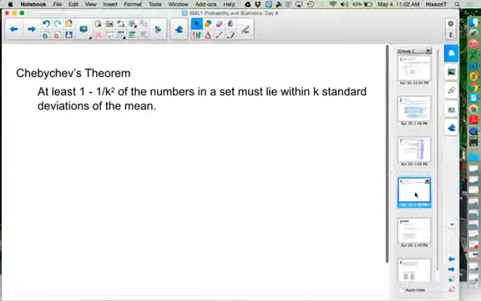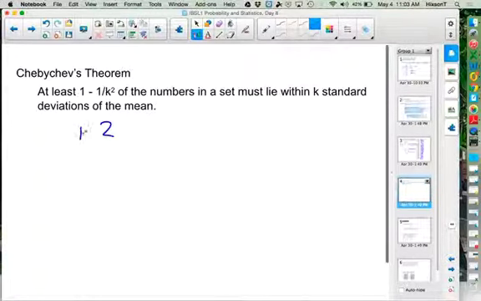Okay? What if it doesn't? Well, no, it's a theorem. So it'll work. So basically, let's look at this. Let's say we wanted a percentage of the numbers to be within, let's say, 2 standard deviations.